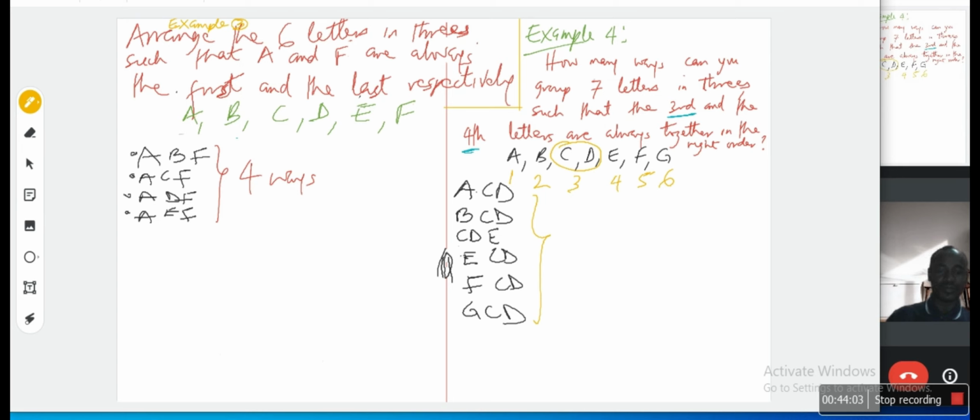Note that C and D have been pinned as one.